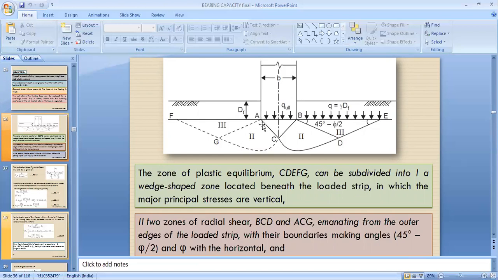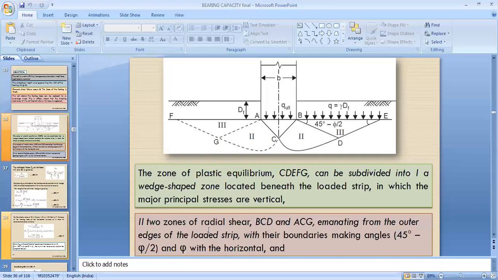As we have seen in the Prandtl case, zones 1, 2, and 3, similarly, in Terzaghi's analysis, zone 1 is the triangular portion, which is a part of the foundation. The region C, D, E, F, G can be divided into 3 zones. Zone 1 is a triangular portion.